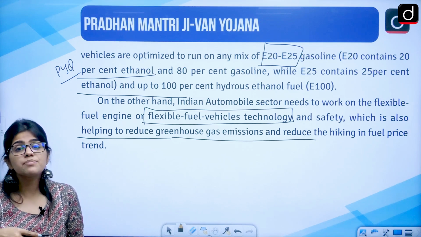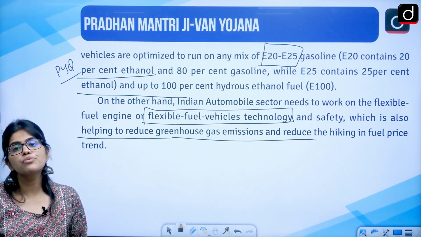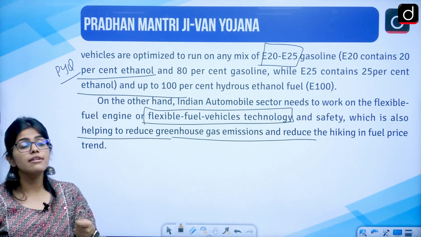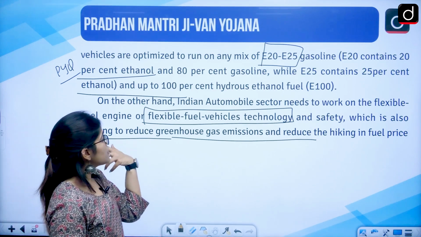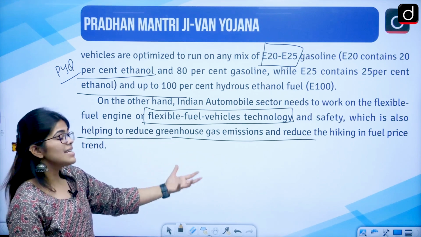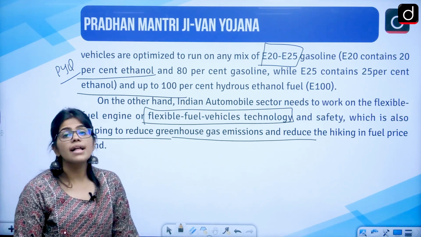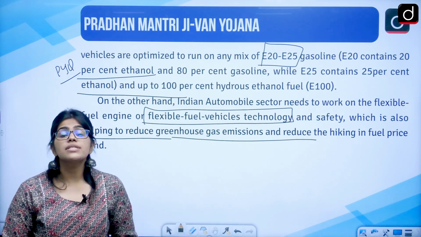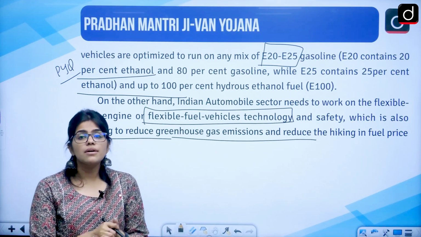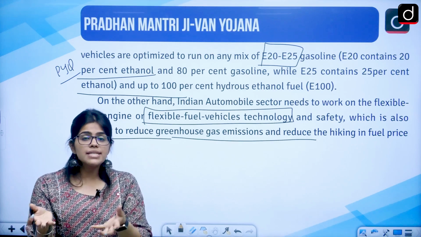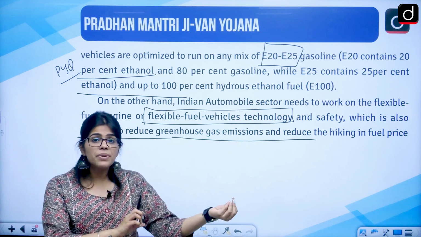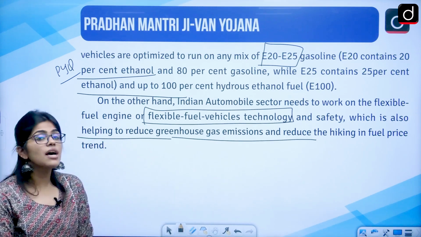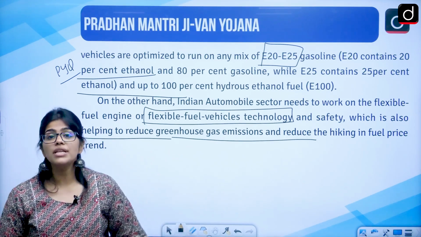Because of this also, we want to use more and more ethanol. So ethanol blending is a good future towards an India with fewer greenhouse gases, and this is how we can achieve the target we had in the Paris Agreement. We still want to achieve that the temperature rise should be 2 degrees Celsius and favorably about 1.5 degrees Celsius. So for that, all of these efforts are being made, and this would be a wonderful effort, right?